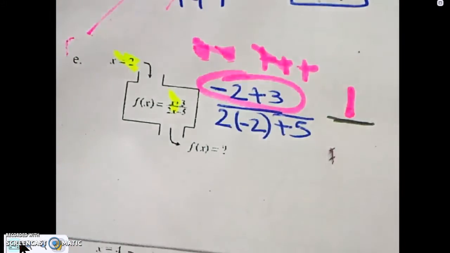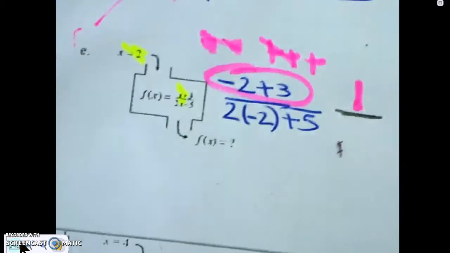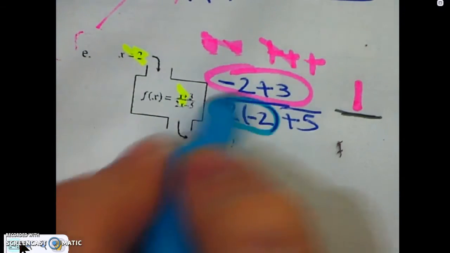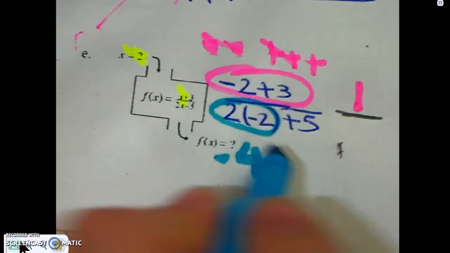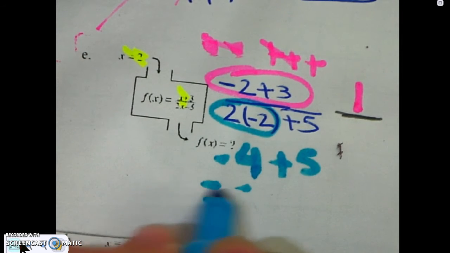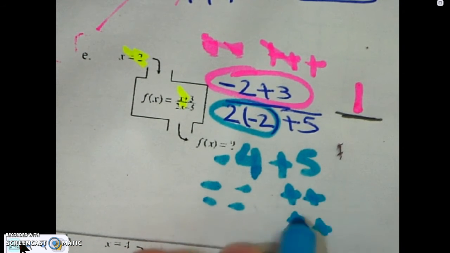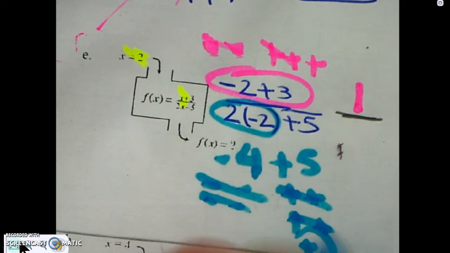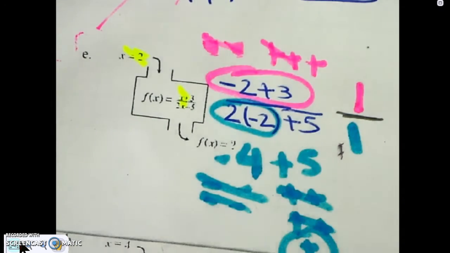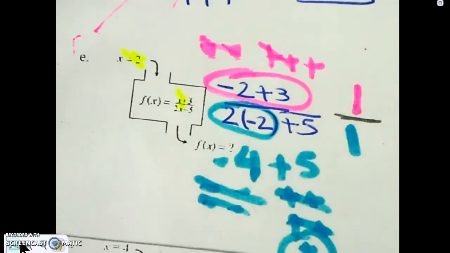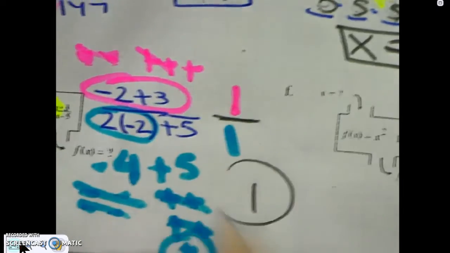So now the next thing I'm going to do is take care of the bottom. So I'm going to go 2 times -2, which is -4, plus 5, so +1. So when I get 1 on top, and I get 1 on bottom, 1 over 1 is just 1.